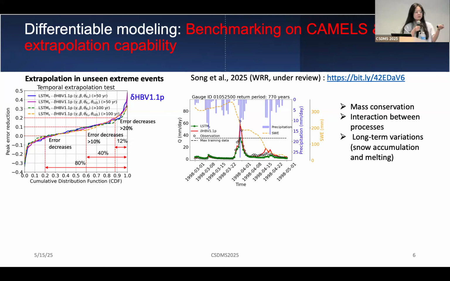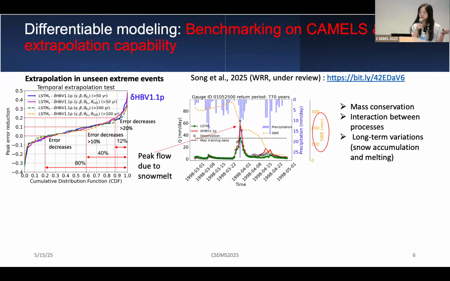When it receives a large precipitation on the peak day, it can give a larger streamflow response. It can also consider the interactions between processes, for example, the contribution of snowmelt to the streamflow, since in the process-based model there are a lot of physical states that can record those large long-term variations due to, for example, snow accumulation and melting.